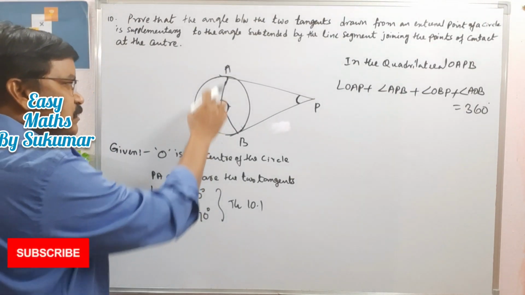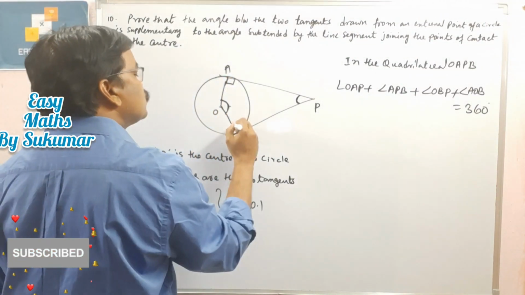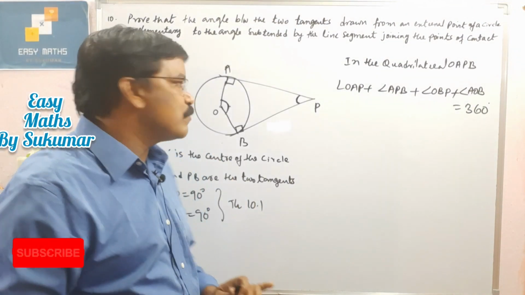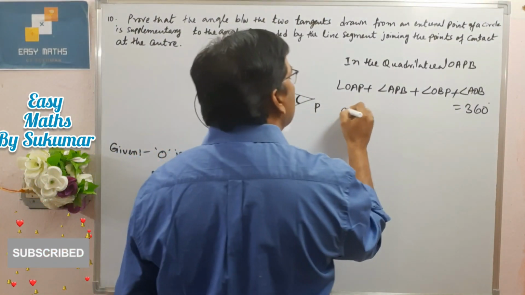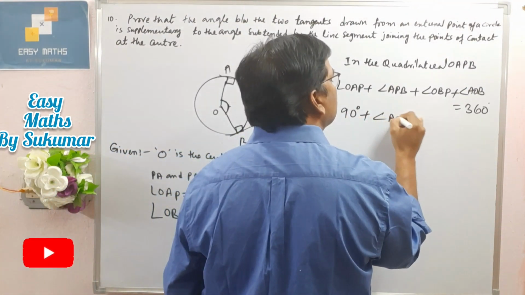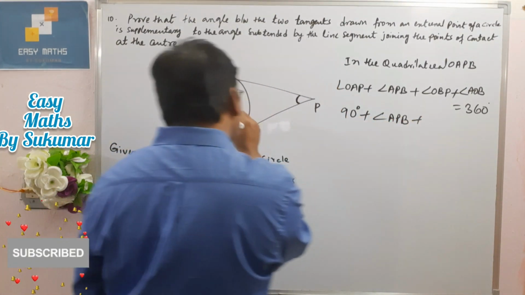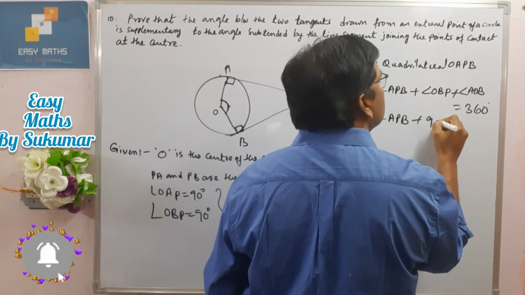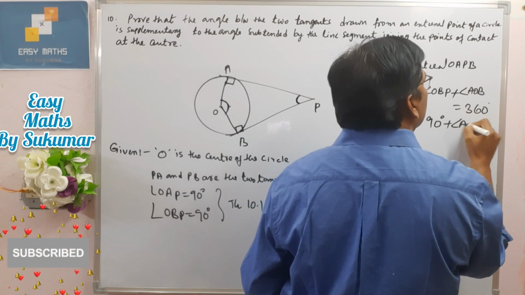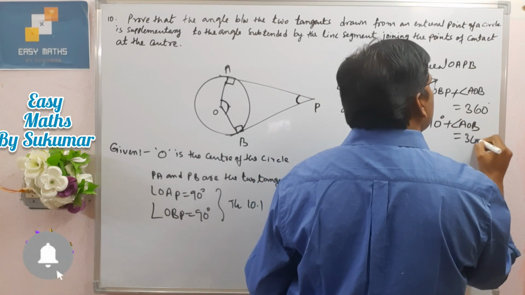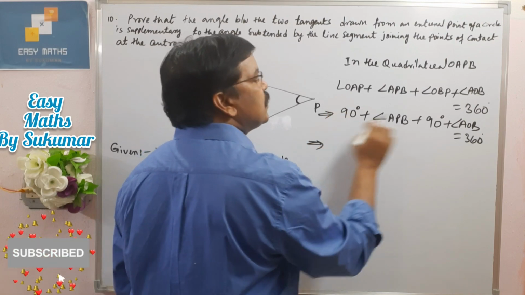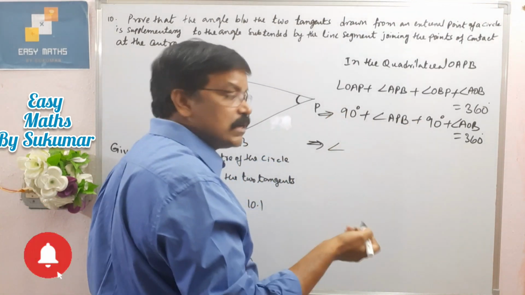Okay. Now what is angle OAP, my dear students? As I told you, according to theorem 10.1, angle OAP is 90 degrees, plus angle APB, we don't know this angle, plus angle OBP, it is also 90, plus angle AOB, it is unknown, is equal to 360 degrees. This implies, my dear students, 90 plus 90 is 180 degrees.